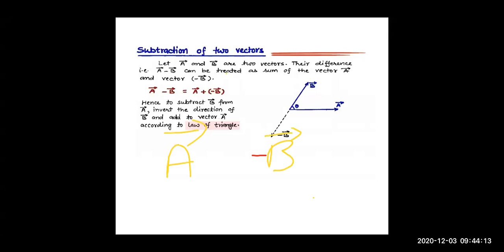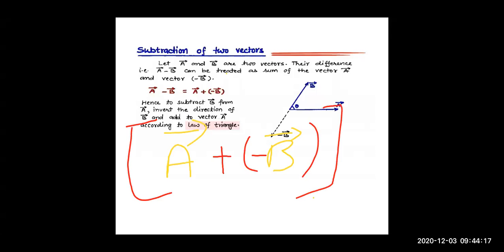And then you are going to add, and this will give you the subtraction of the two vectors, because we know, children, how we do addition, by the law of triangle. That would be easy, right? Addition we have done. So for subtraction, we are just going to change the second vector, and instead of taking B, we are going to invert the direction of the second vector, because if we reverse the direction, then we will get a minus sign, right, children?